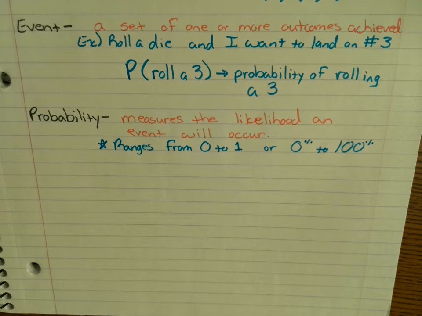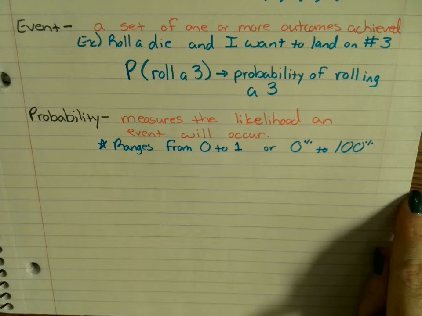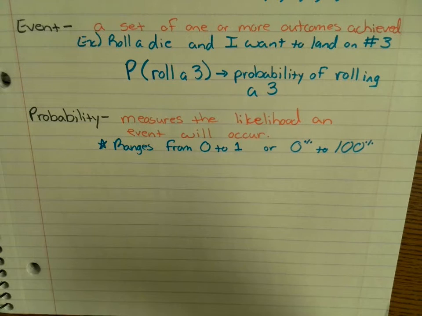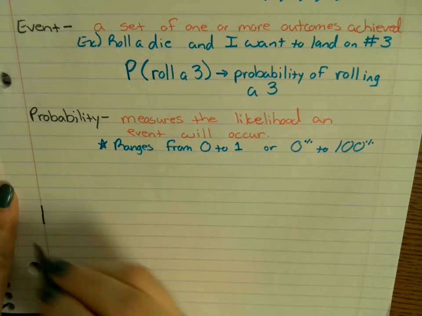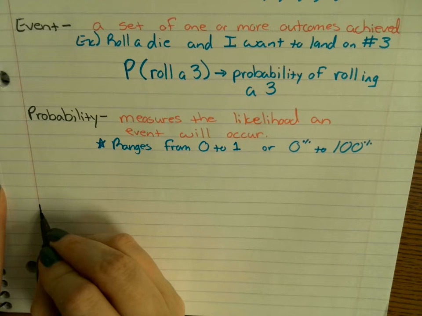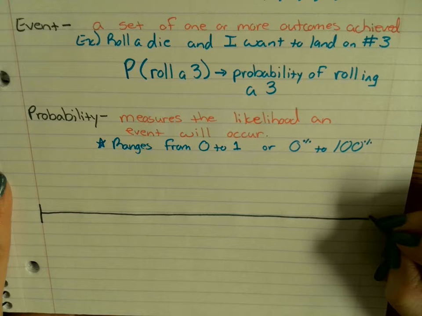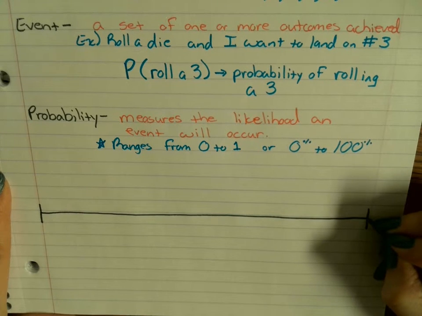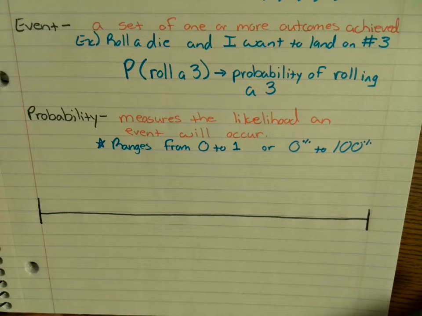It cannot be any less than 0. It cannot be any greater than 1 whole. Or if you're putting it in percent form, the smallest percent is 0%, the largest percent is 100%. So let's go ahead and talk about these ranges. Like I said, probability is very finite. It has a very defined starting point and ending point, meaning you can't go higher or lower than those points.